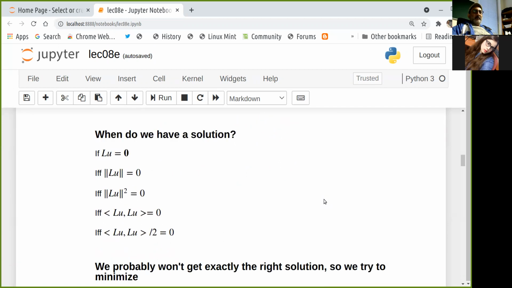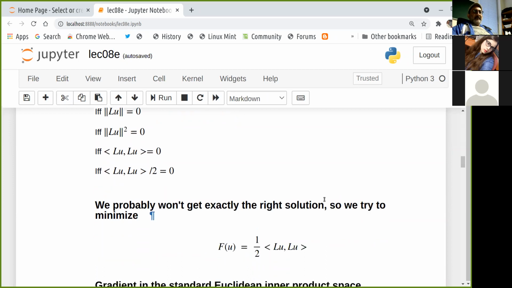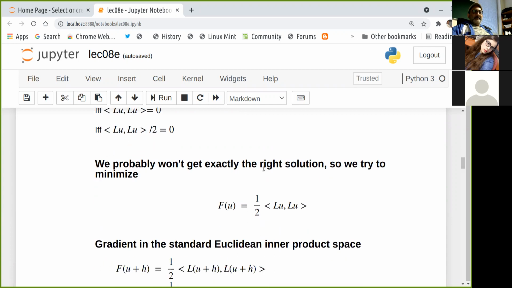Okay, now when do we have a solution? Well, if Lu is equal to the 0 vector, that means that the norm of Lu is 0. That means that the norm of Lu squared is 0. The norm of Lu squared is the inner product of Lu with itself, and it's a convenience to divide that by 2. So if the inner product of Lu with itself divided by 2 is equal to 0, then we would have an exact solution.